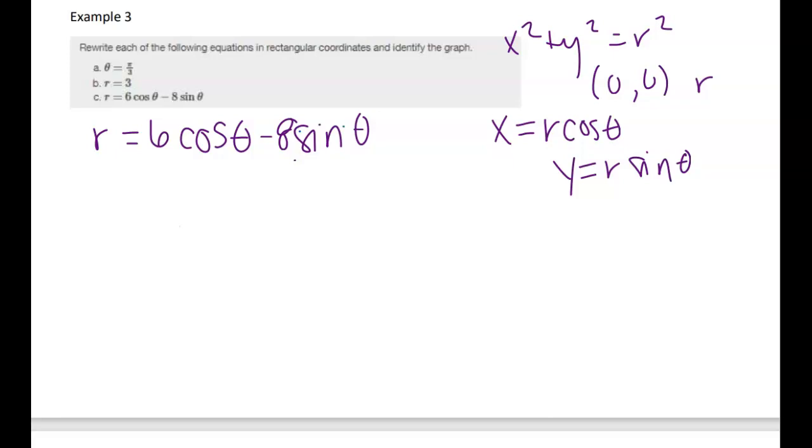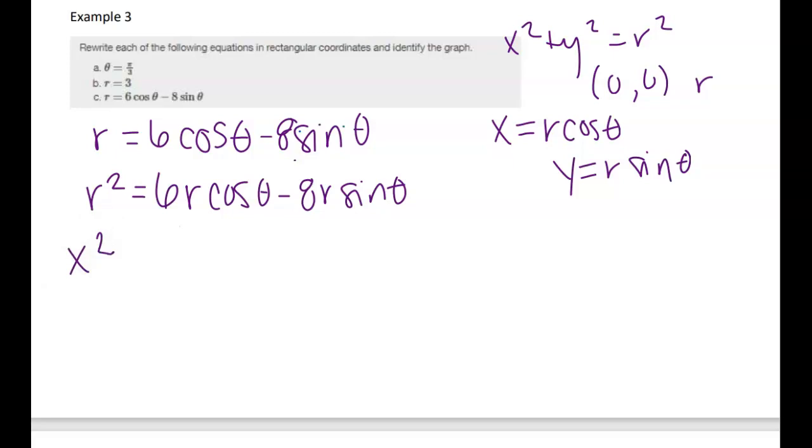So if I multiply everything through by r, just by r, then I'm going to get r squared is equal to 6r cosine theta minus 8r sine theta. And that then tells me that because r squared is x squared plus y squared, I can substitute that in.